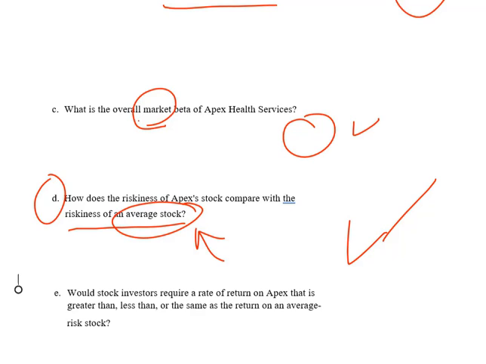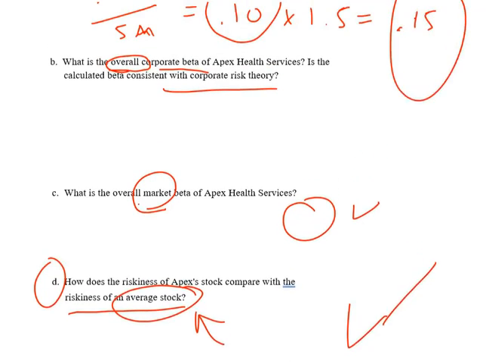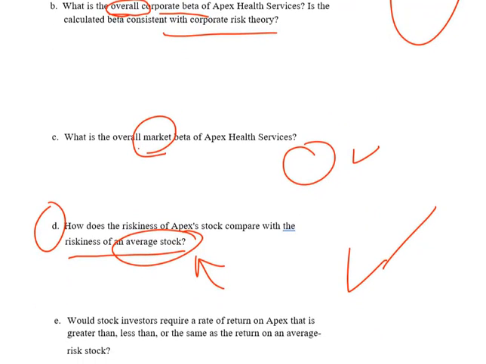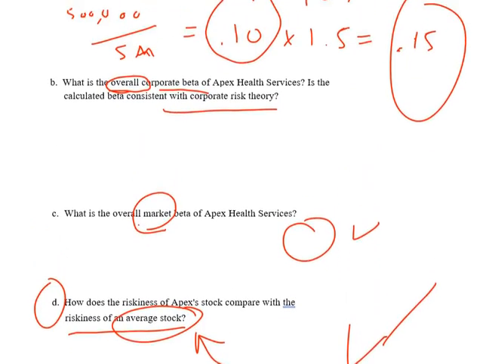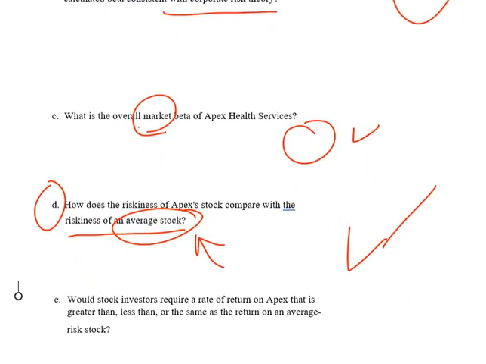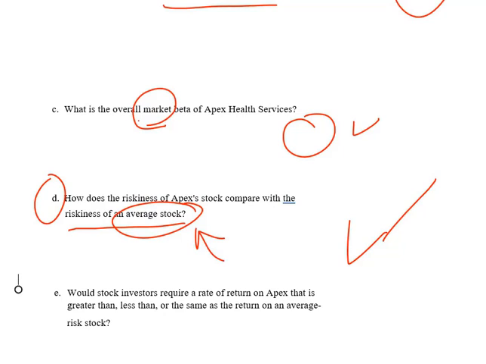Okay, and again, let me talk a little bit about the trick, if you will, that you have when you calculate C: what is the overall market beta of Apex Health Services? You're using that market beta column to calculate that. The assumption, and where some students miss it, is that you're really calculating the beta of a theoretical Apex stock.